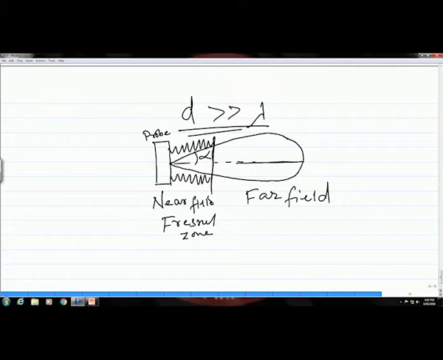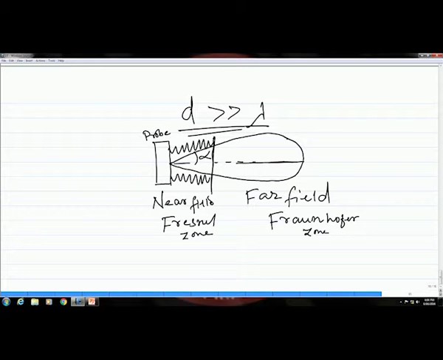And the other name for the far field is the Fraunhofer zone. Okay, so these are the two different regions you have in the beam.